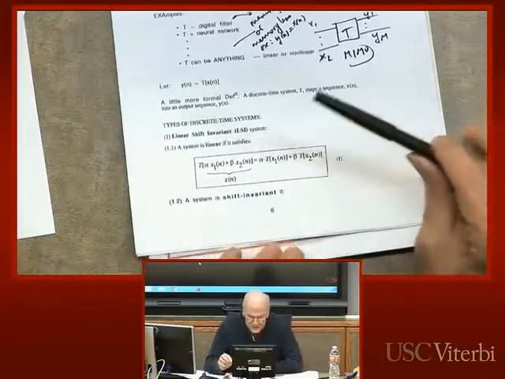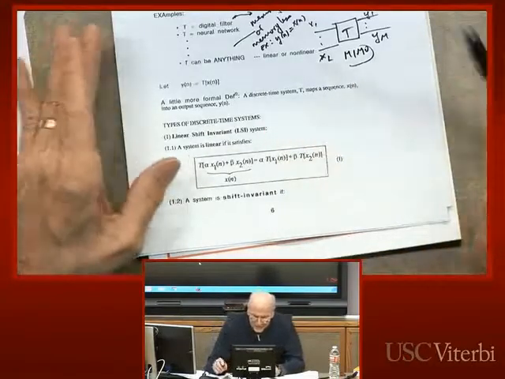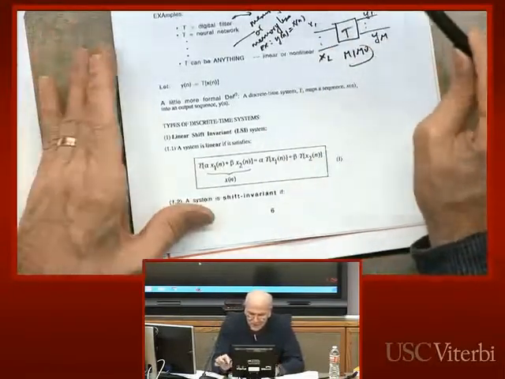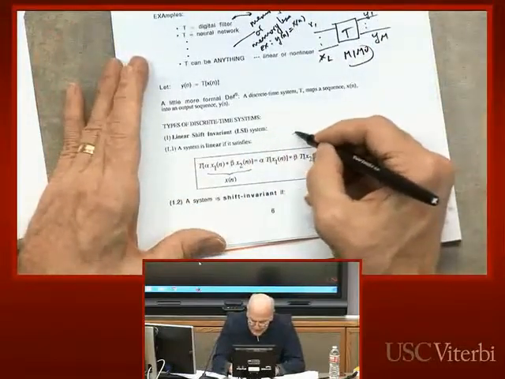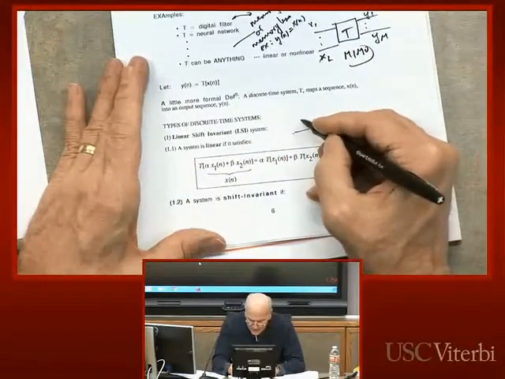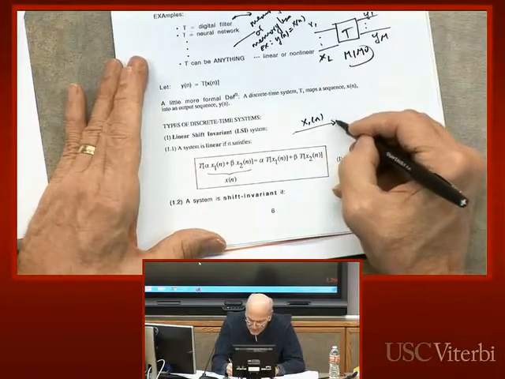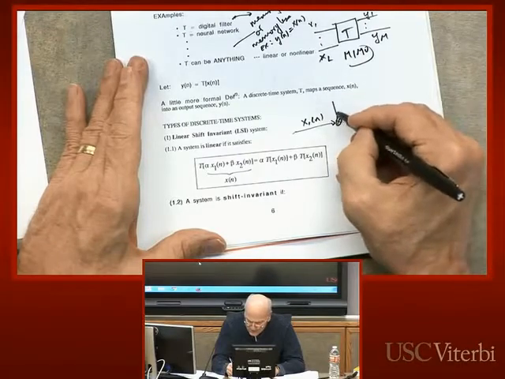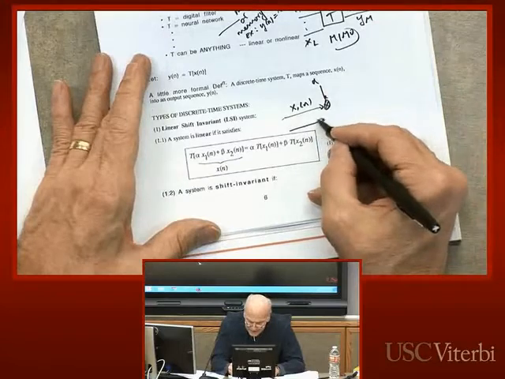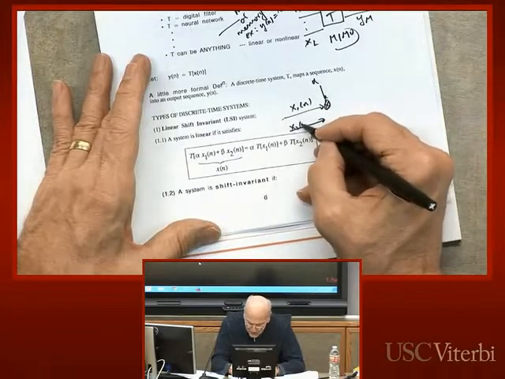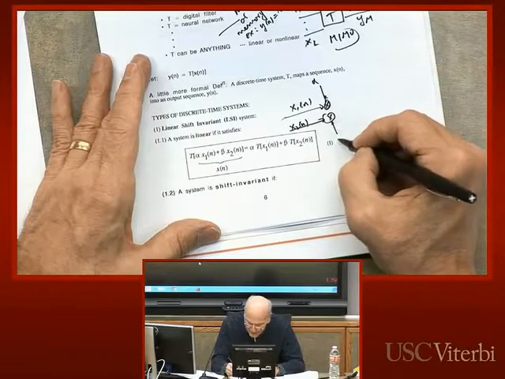Linear simply means that if I have two inputs and I add them together, again, this is single input, single output, I guess you'd call that SISO. So if I have an input like this, let's call that x1, introduce you to a little block diagram stuff, and I multiply it by alpha, and I have in here another signal, x2 of n, and I will multiply that by, let's call it beta.